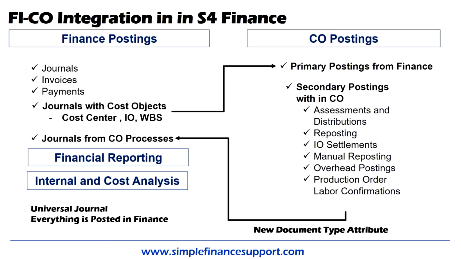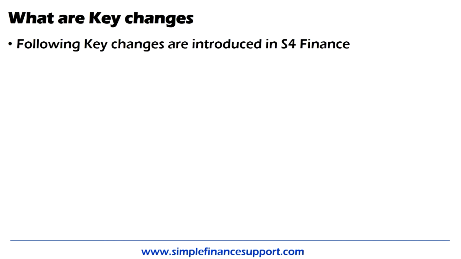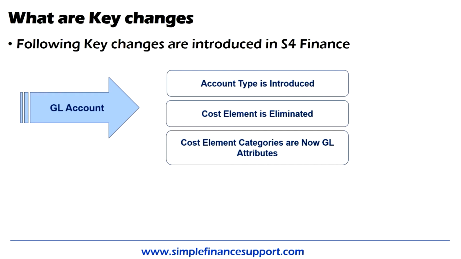So the concept of universal journal, which captures all the postings in the finance tables itself, is a major step forward from the FICO integration point of view. Let us look at the key changes introduced to achieve this tight integration. The key changes were introduced in the GL account. There is a new field added called GL account type.